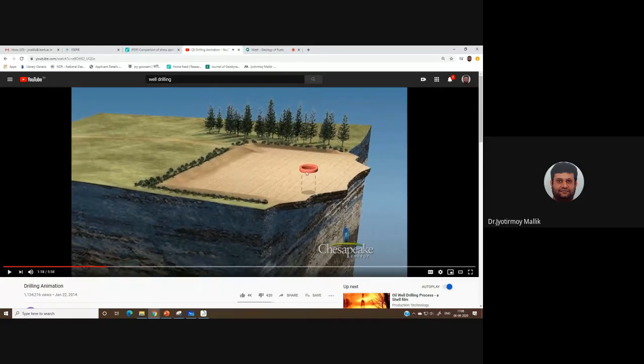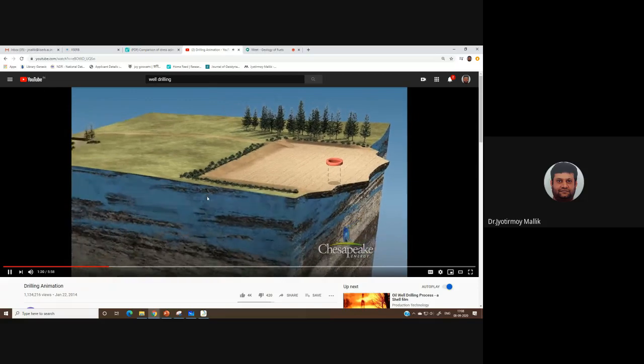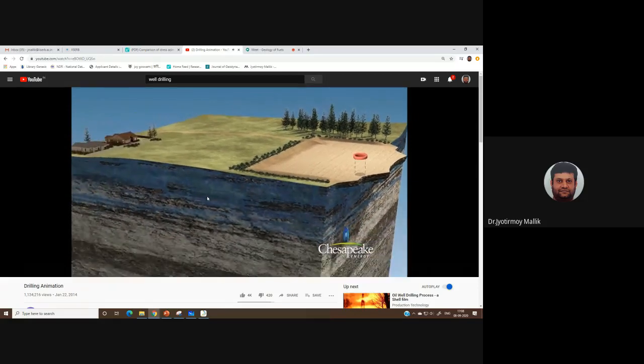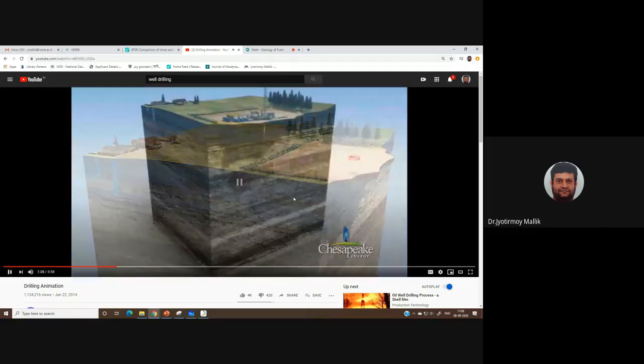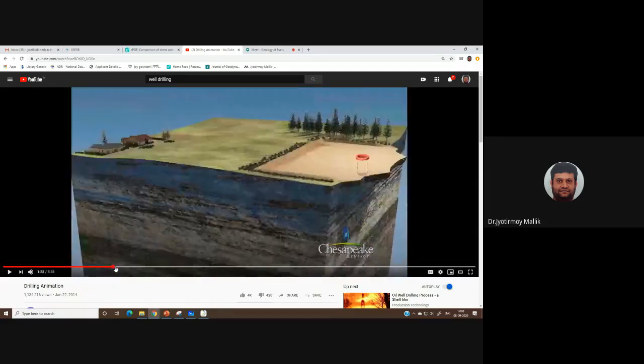And then the first casing is put in, even before the surface casing, and this is what we call the conductor casing. What this conductor casing essentially does is stop all the shallow groundwater from getting inside your hole.